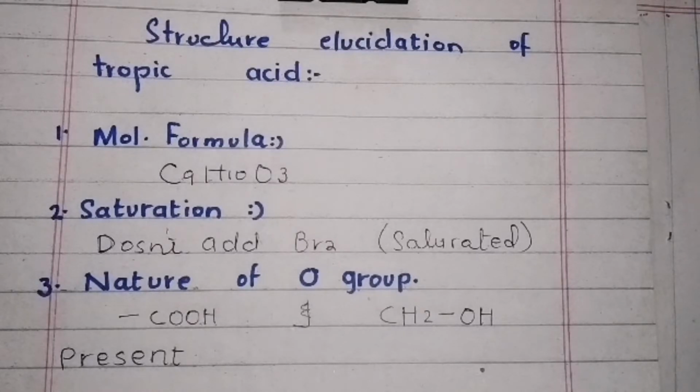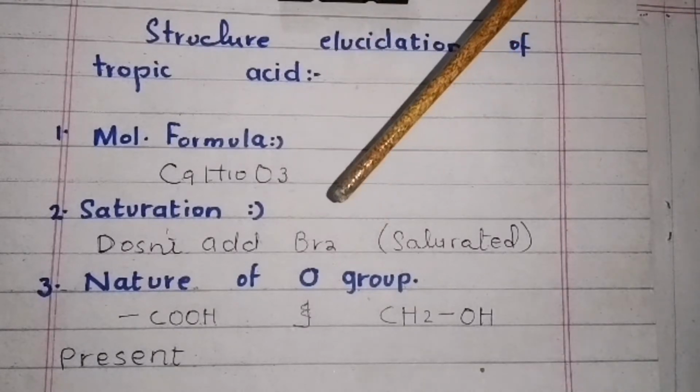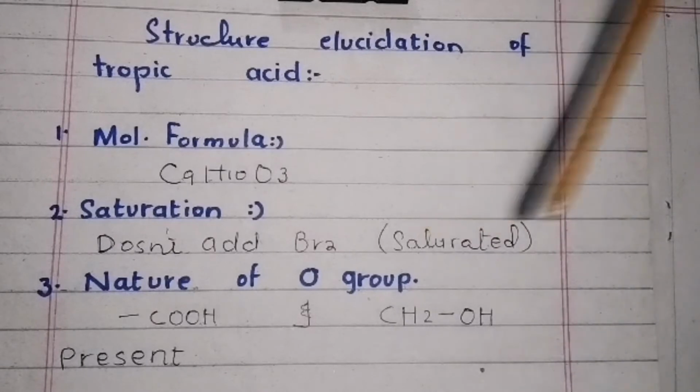So the carbon-oxygen double bond does not affect saturation at all. Saturation means that the compound contains no carbon-carbon double bond or triple bond. So it doesn't add bromine, which means the compound is saturated.